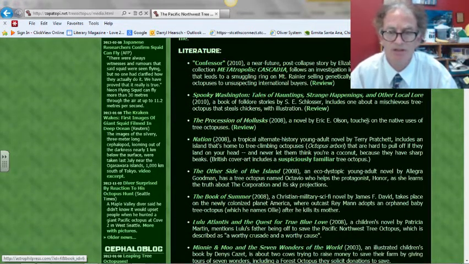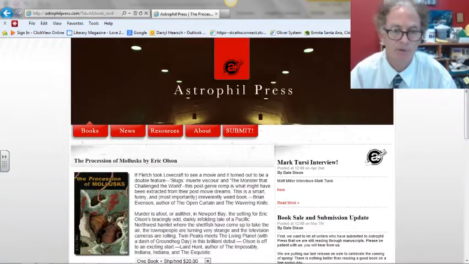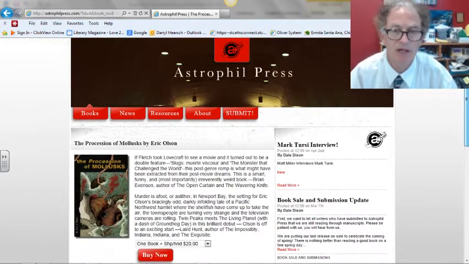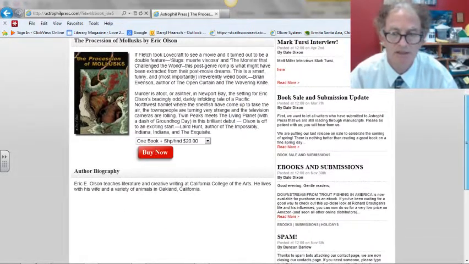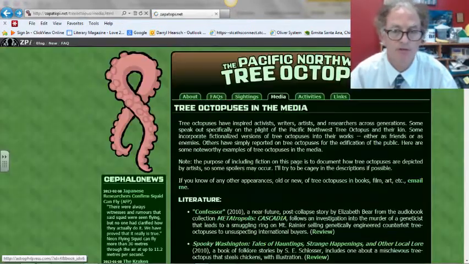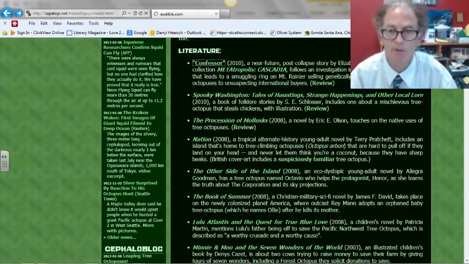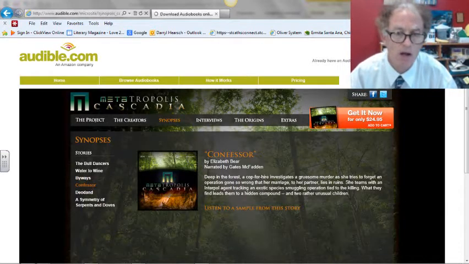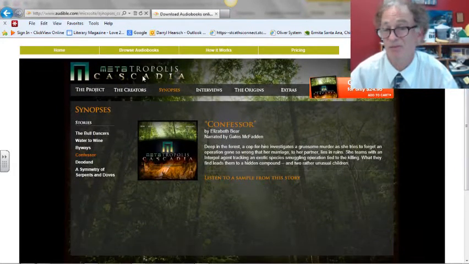The procession of mollusks, if we maybe click on some of these, we might see some of the other literature. Procession of mollusks, Astrophile Press. It's trying to sell a book to you about this. Let's move back. A book, okay, let's look at this one here, Confessor. How that's got anything to do with it other than it's to do with the place, Cascadia, I'm not certain.